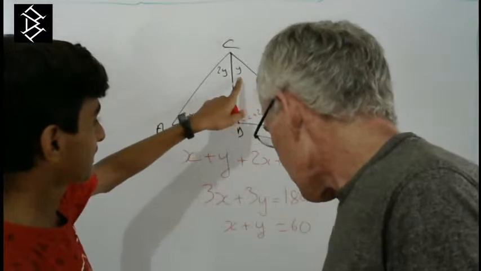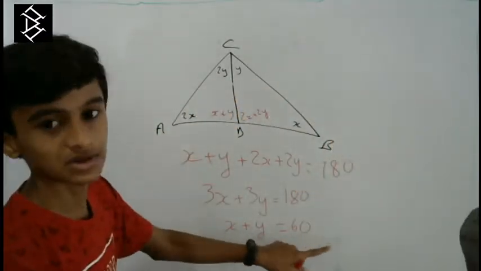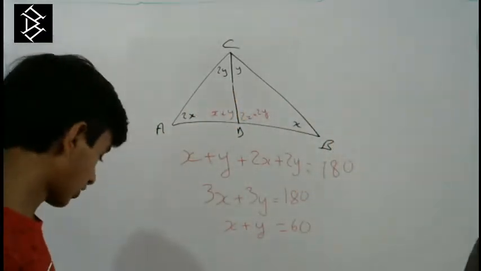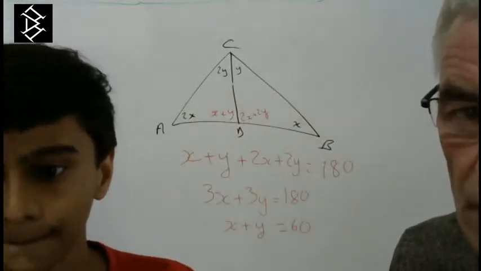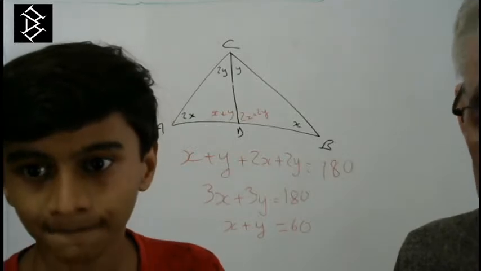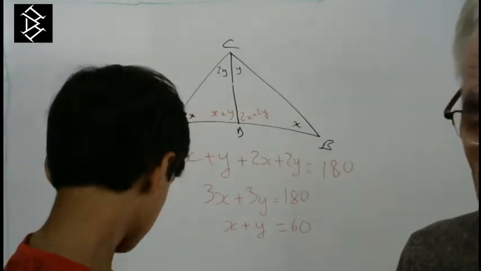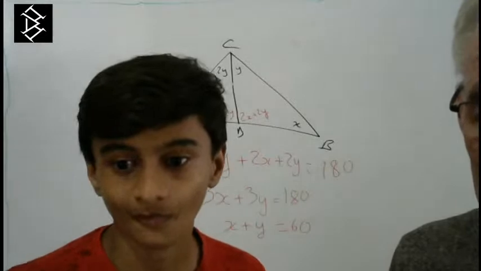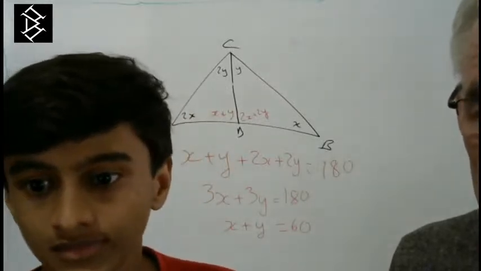So x plus y, and we got x plus y equals 60. So answer is option A. A very clever little question that, isn't it? And very, very simple when you label it properly. In the beginning you might look and think, oh, that's going to be very, very difficult, but it's actually relatively simple, isn't it?